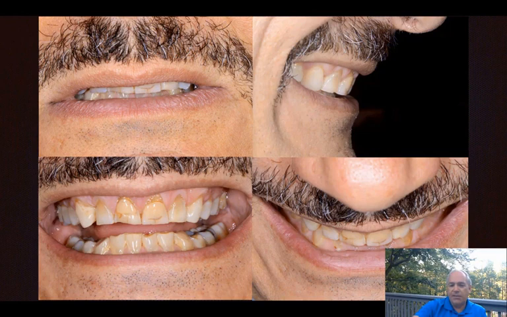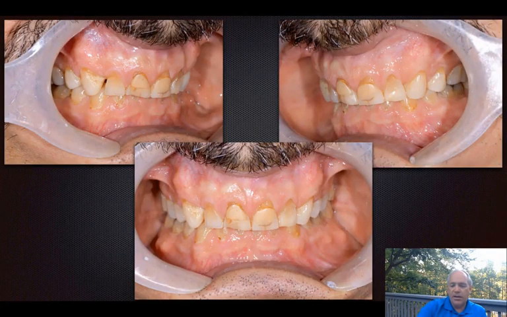And these are tremendously rewarding cases from the standpoint of just taking somebody who's on a path to lose their teeth and giving them a really good looking smile and one that's going to be stable. And we'll look at case examples in videos 4 and 5 with you.